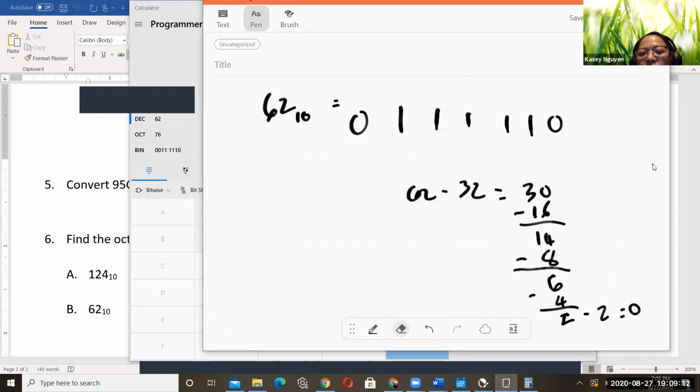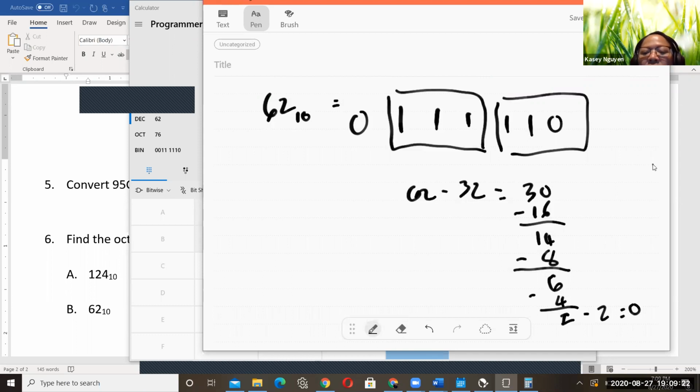So this is our binary after we convert from decimal to binary. Then what you're going to do is chunk it into 3 pieces, and it's only going to go up to 6. That's what that piece of notes is talking about when it's discussing octal. So you're going to put 1, 2, 4. 1, 2, 4.